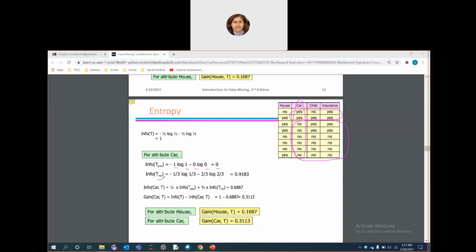Then in the same way, we are trying to find out the info of T no. So how many total no's are there? Total no's are 6. And out of the total no's, how many no are associated with no? 4. So this will be actually 2 divided by 3.